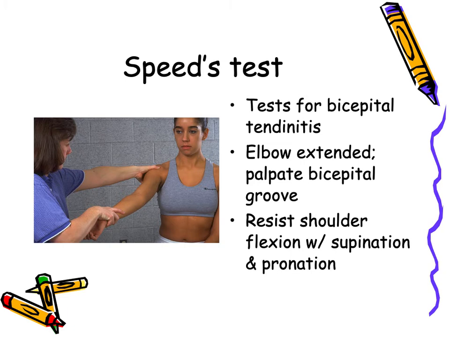So we ask them to resist shoulder flexion, and then you have them flex, supinate and pronate their forearm. The positive sign is weakness and pain, really pain over the bicipital groove, because that's where the long head of the bicep tendon travels through.